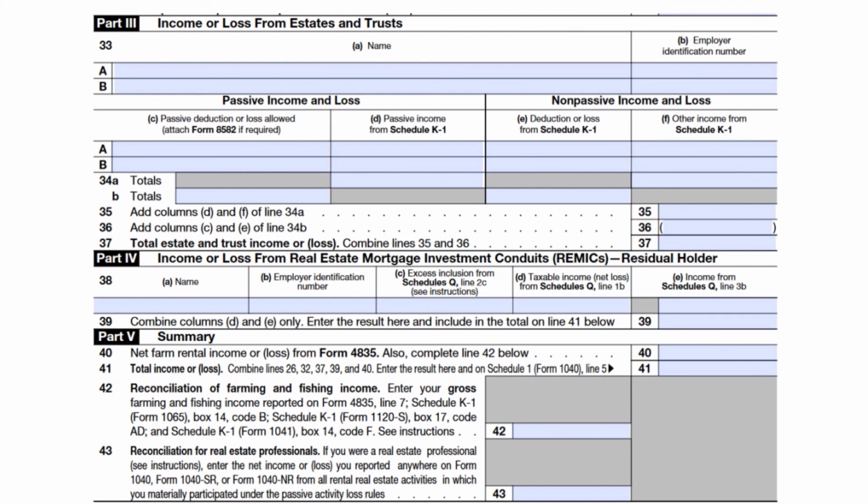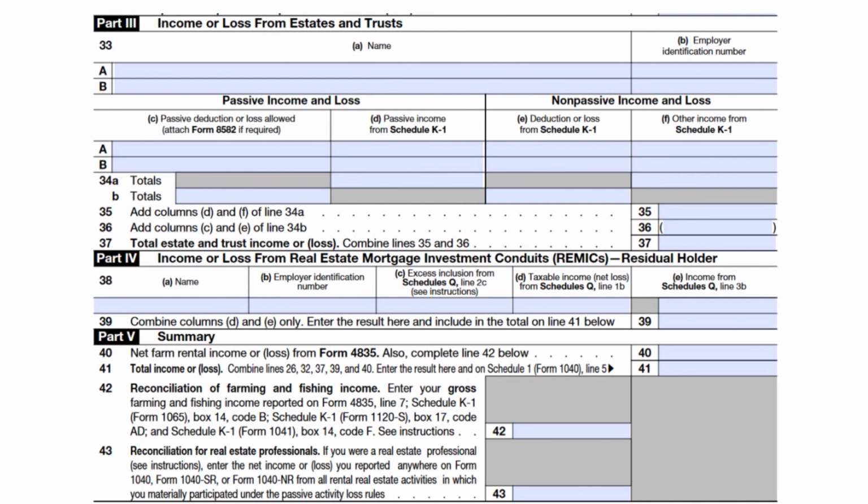Schedule Q is another complicated form that I'm not going to cover here in detail, but it's important to know if you are a REMIC. And that's it. On line 39, you combine column D and E, and you add everything, and you see the results, whether you have an income or loss. And so part 5 is really the summary.